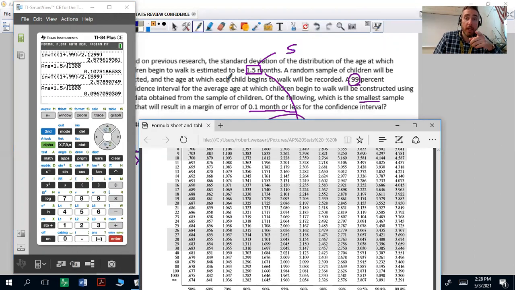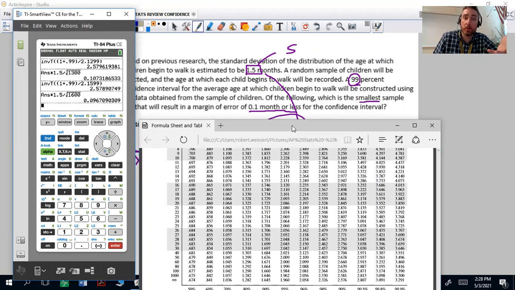And also it says, based off previous research, the standard deviation of the distribution of age at which children begin to walk is estimated to be 1.5 months. We actually know the standard deviation. So when you know it, you don't need to use t. You can use the normal curve.